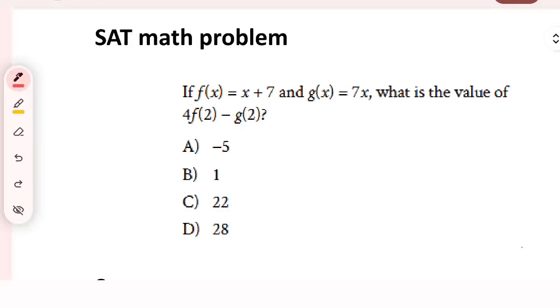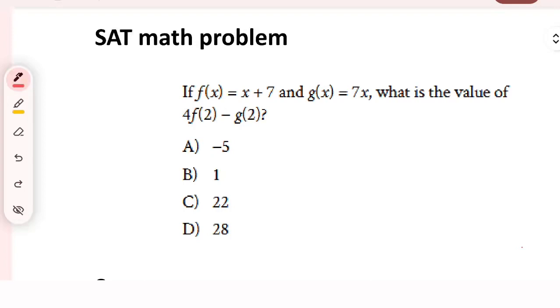So we have two functions given, f of x and g of x, and we are asked what happens if we multiply f of 2 by 4 and subtract g of 2. So we have four choices. A is -5, B is 1, C is 22, and D is 28.